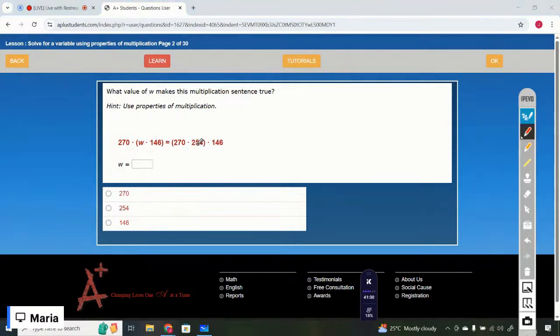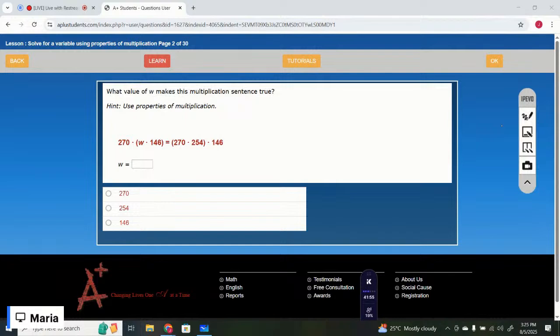This is the associative property of multiplication. So on both sides the numbers are the same, 270, 146. So the missing number is 270. Option number 1 is the correct option, that is 270.